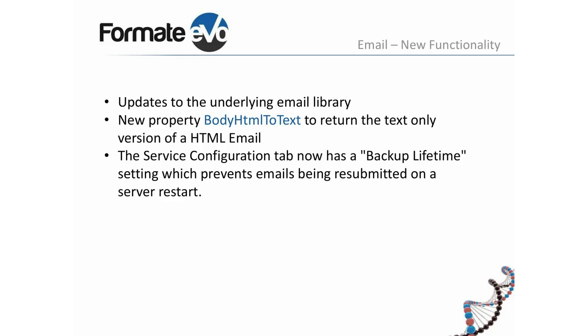That's clearly not an ideal situation. So what we've now got is a time limit that you can set. So you can say anything over a day old or 5 days old or whatever doesn't get resubmitted. It's simply a safety feature that we've enabled because we see it as an improvement.